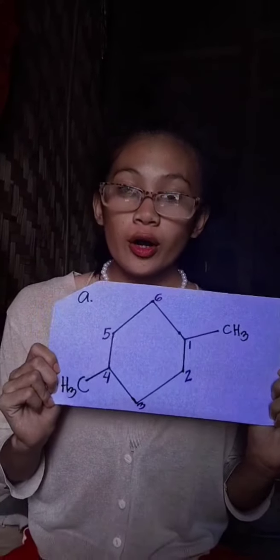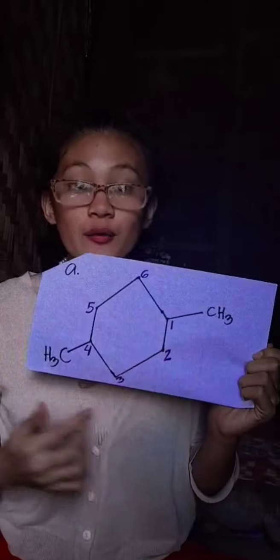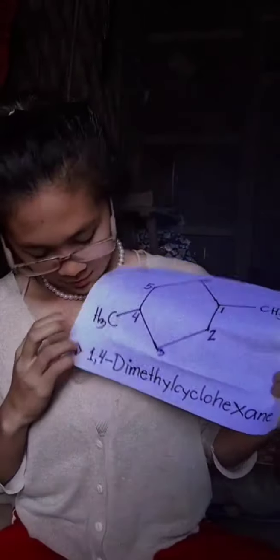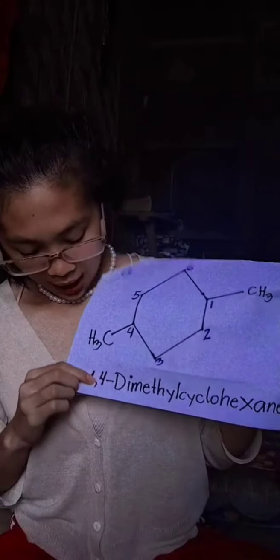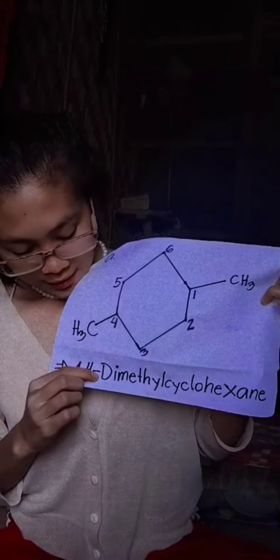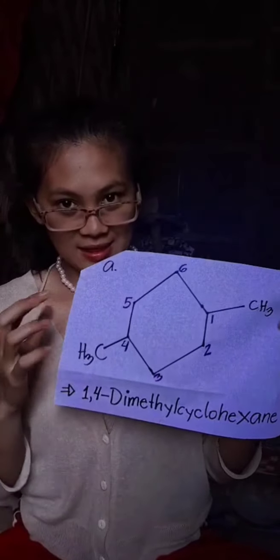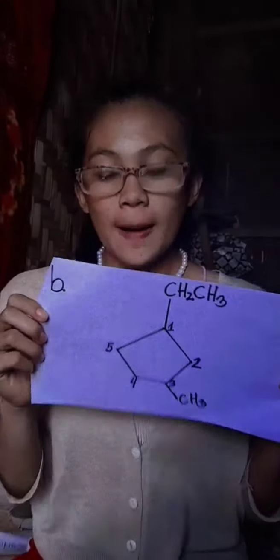So therefore, the IUPAC name of this cycloalkane is 1,4-dimethylcyclohexane. Okay, let's go to another problem, which is problem letter B.